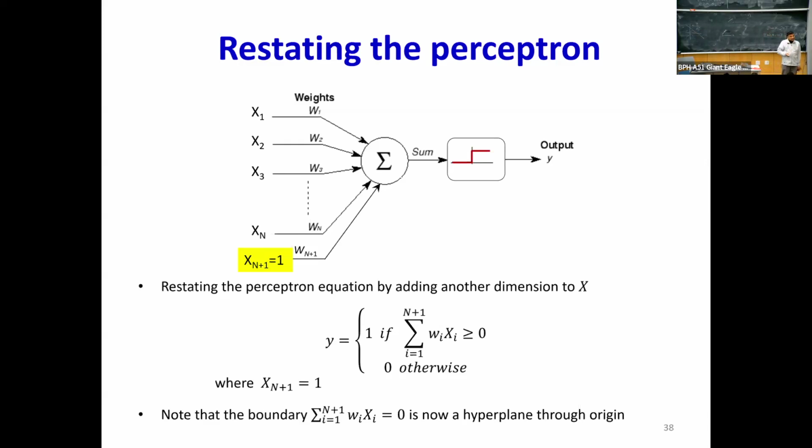Suppose I add an x3 equals 1 as my input. So then, now this is x1, this is x2, this is x3, and x3 is always pegged to 1, right? So that means all of my data lie on this plane where x3 equals 1. And on this plane, I have pluses and minuses.